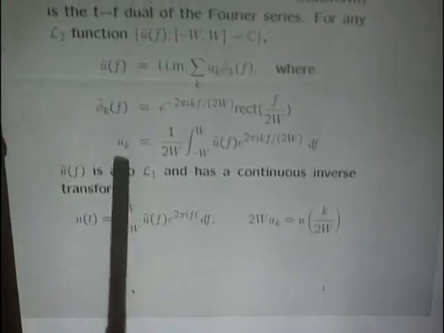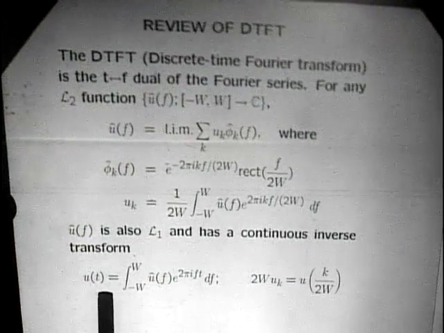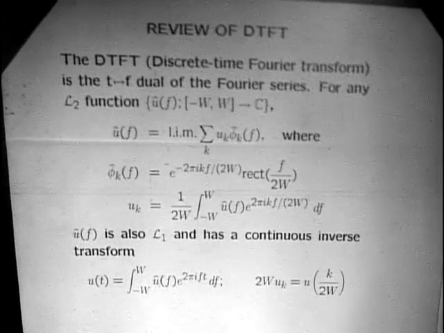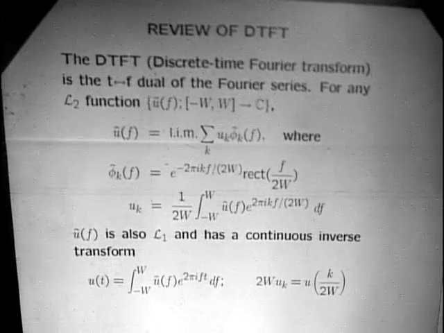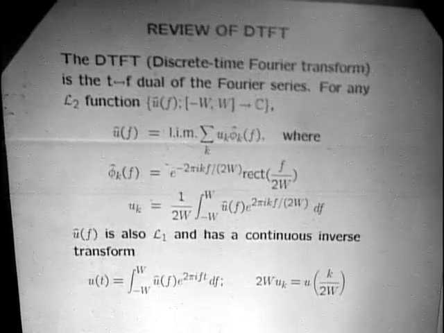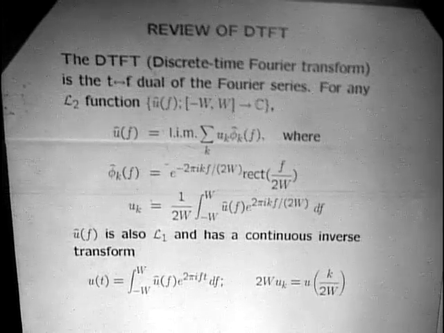Here we have these coefficients which are in fact scaled versions of the inverse transform at particular times. Okay, so the conclusion is that what the discrete-time Fourier transform is, is simply the Fourier transform of the sampling theorem expansion.